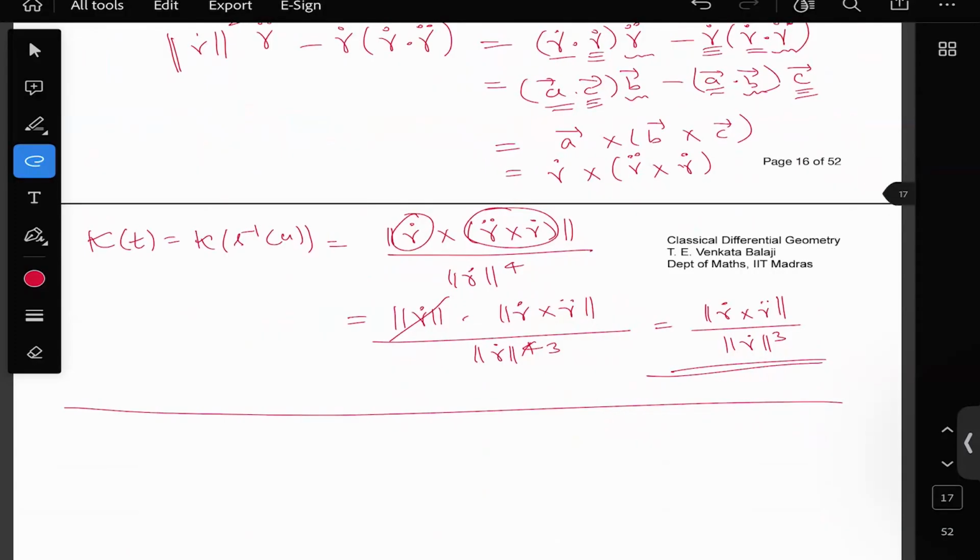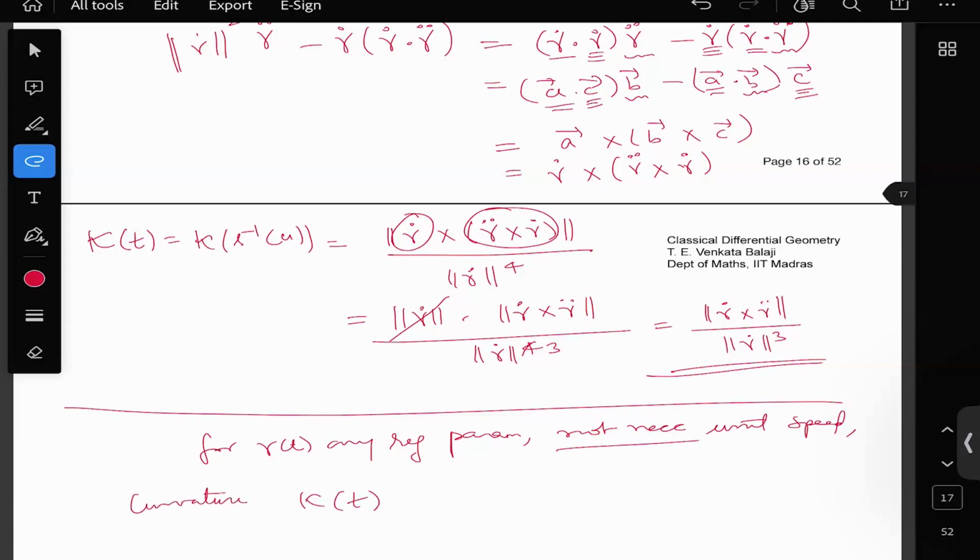All right, afterwards you are able to get the formula that you want. So finally you have this formula: for gamma of t, any regular parameterization, not necessarily unit speed, the curvature kappa of t is given by this nice formula.